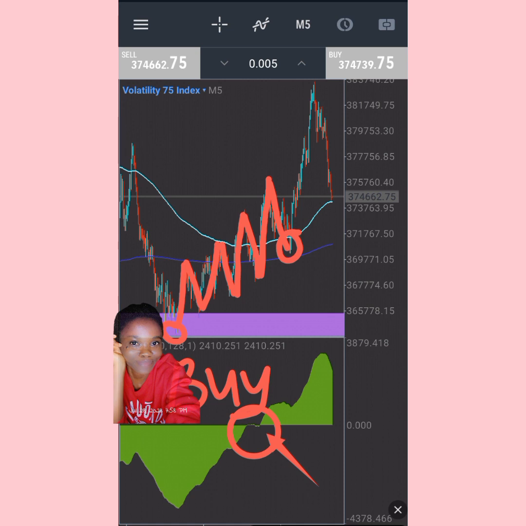The third thing you're going to be looking out for is a rejection of price around the 200 moving average, and then once price gets rejected right there, you take your buy trades and target maybe a 1:1 ratio or 1:2 ratio. Now this is for the buy example.